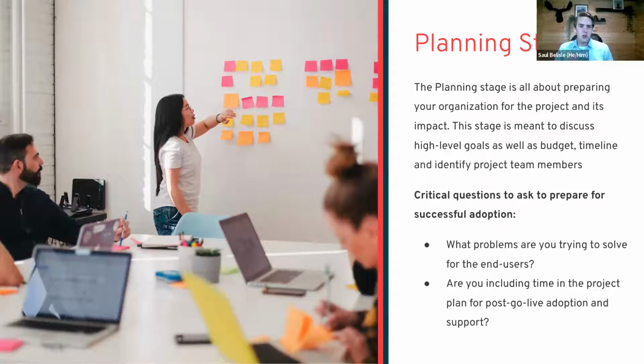The other question to ask here, as you're thinking about the project timeline, is are you including time in your project plan for post-go live adoption and support? Too many times I see project plans that end the day the project goes live, and you need to plan internally to have staff dedicated for post-go live support, onboarding, and feedback.